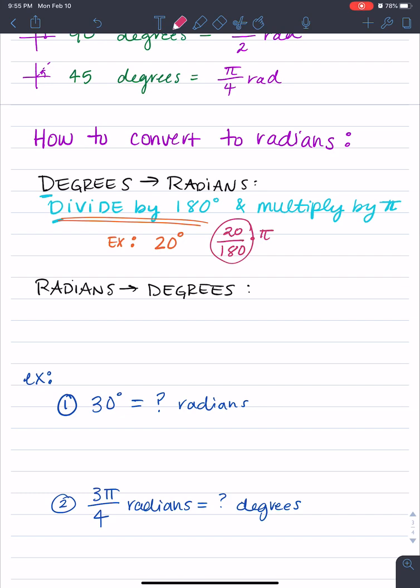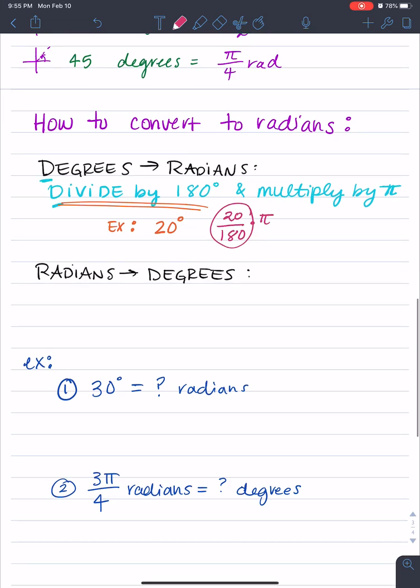What I want to do is simplify this fraction, which you are more than welcome to do in your calculator, even though you should be able to do this in your head because the zeros drop and 2 goes into 18 9 times. But you know what? If you want to type it in your calculator, you go for it. And then make sure you do math frac. All right? So that's going to be 1/9 pi. So that is our answer. But I like to write it like this.